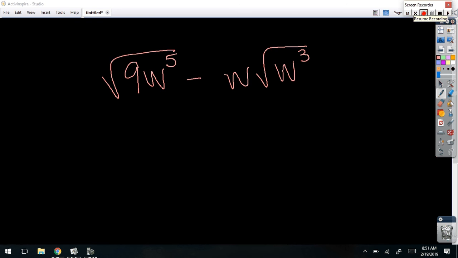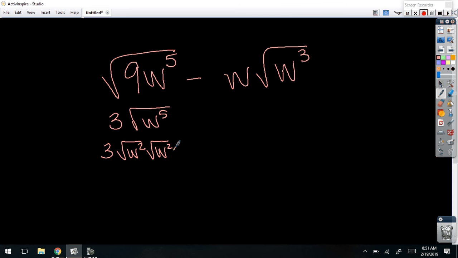Okay, stay with me as I walk you through this one. We know the square root of 9 is 3. Now, I want you to think about something with me for just a minute. If I have the square root of w to the 5th, and I am trying to simplify and break down, would you agree that this is the same thing as the square root of w squared times the square root of w squared times the square root of w?